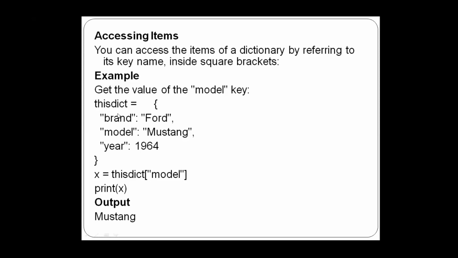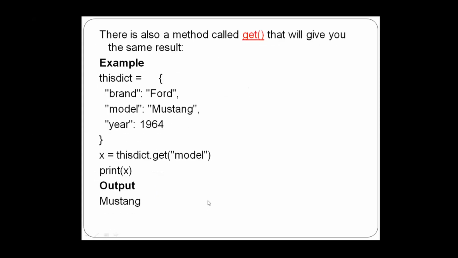So this is the dictionary. I say x is equal to this dictionary of model, and print x. When I give it this way, the value of model will be printed as your output, right? The same thing you can also do using the get method.